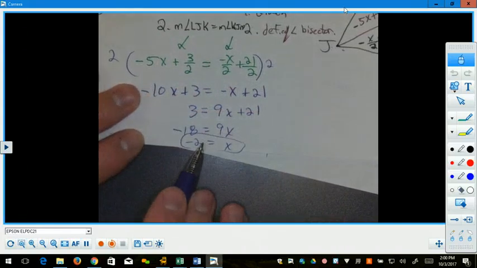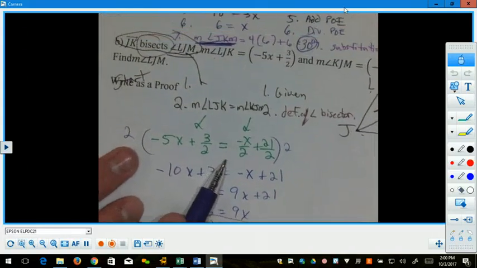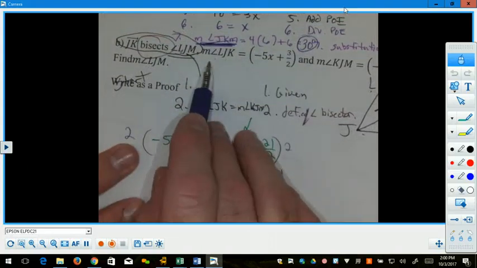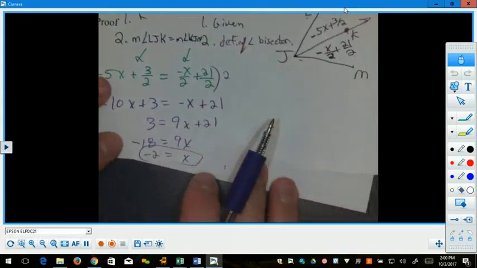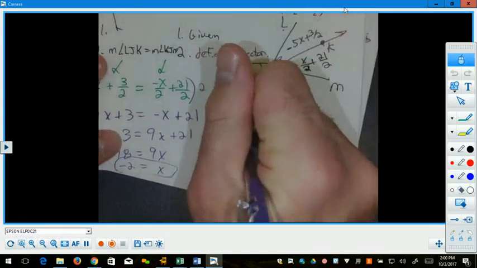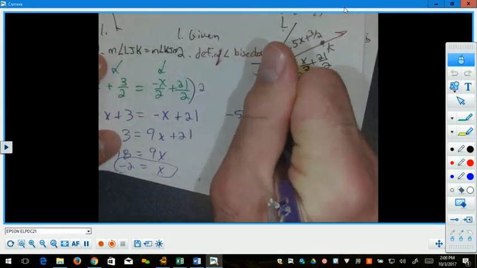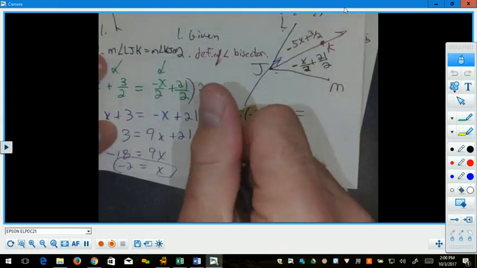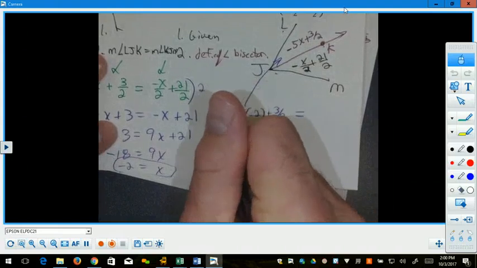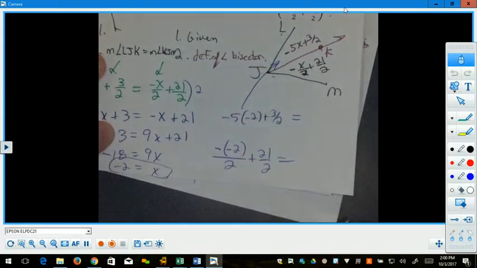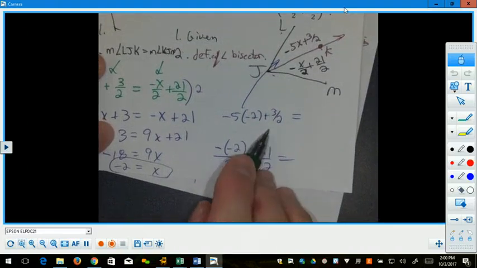That's great, but that's not what they asked us to find. They asked us to find angle LJM, which is the whole thing. So we're going to have to plug it into both expressions. So this one right here, negative 5 times negative 2 plus 3 halves. They should be the same, but I'm going to check it anyhow. The opposite of negative 2 over 2 plus 21 over 2. So let's try this. This is going to be 10 plus 3 halves.